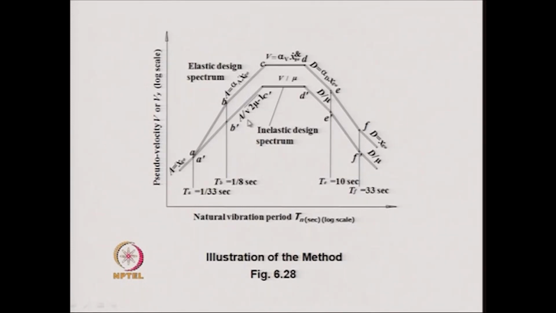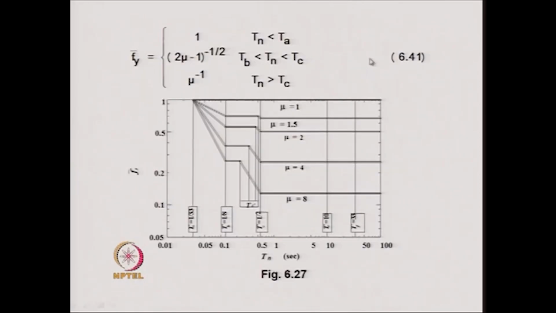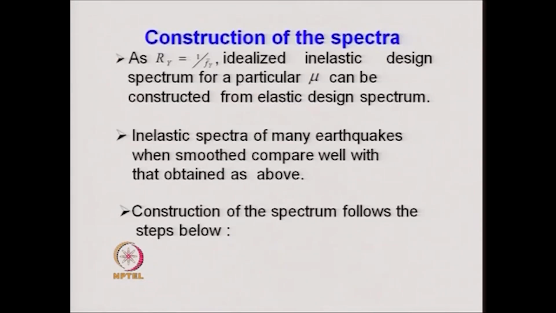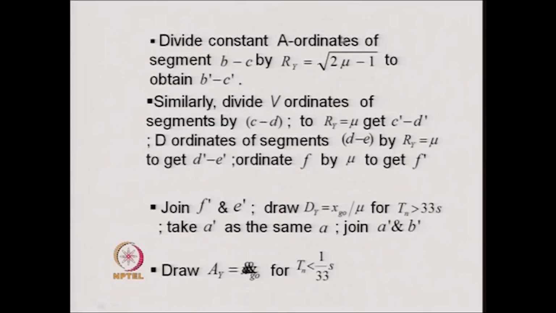Now, this is done because we have seen that f bar y between T b and T c is given by 1 by square root of 2 mu minus 1, or in other words, the elastic strength is reduced by a factor of R y equal to square root of 2 mu minus 1.